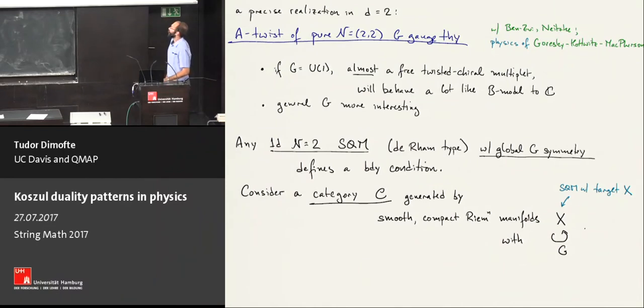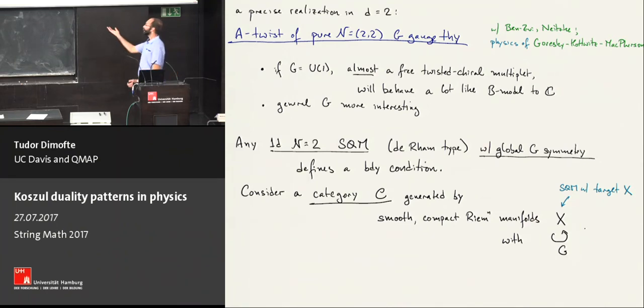The boundary conditions for this theory come from supersymmetric quantum mechanics, and specifically the type of supersymmetric quantum mechanics that Witten considered in his famous paper on Morse theory. So this is Witten-type quantum mechanics with a global G symmetry.